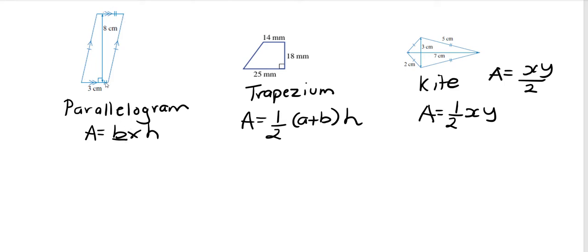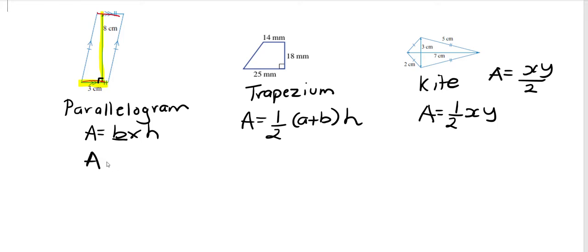In this case, a parallelogram, the base can either be this line here or that line there, because I can see the height they're showing me is going from this line to that line. So these two lengths are equal, so you just pick one side. So this can be my base 3, and I can see the height, which is 8, is perpendicular to the base. That's the other thing we have learnt. Base and height must be perpendicular, which means they meet at 90 degrees, and we can see that angle there.